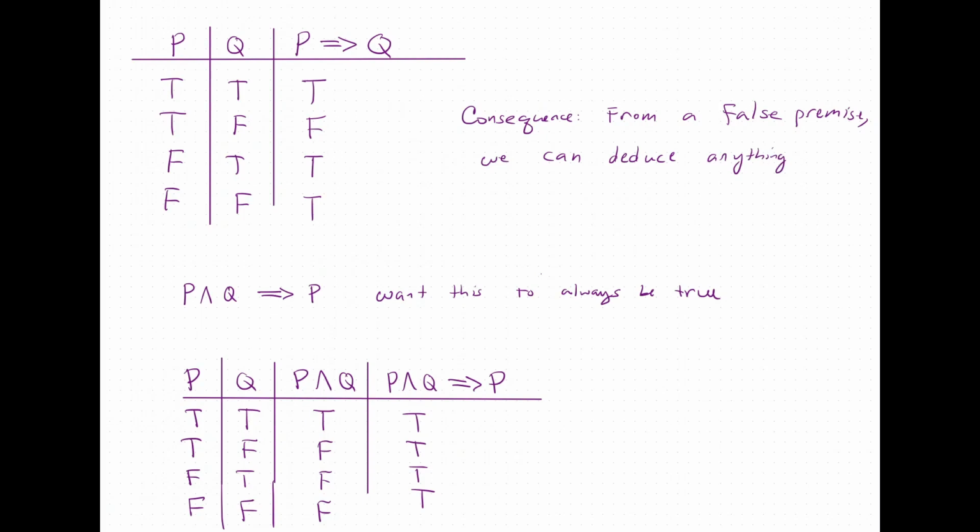To illustrate this, there is a story that Bertrand Russell was once giving a lecture on logic, and a student raised their hand and asked, in that case, given that 1 is equal to 0, prove that you are the Pope. To which Russell gave the following argument.